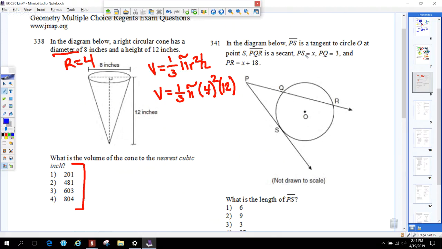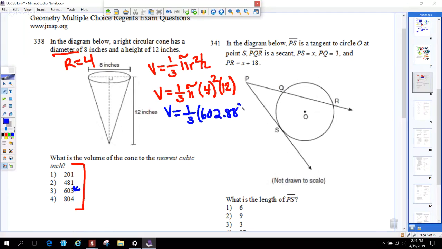All right, now I'm just going to do some multiplication. I always like to divide by 3 last. So I'm going to do 3.14 times, I'm going to do 16 because I know in my head 4 times 4 is 16, times 12. When I get that, I get 602.88, which, hint, is right here, but that means I did not divide by 3.